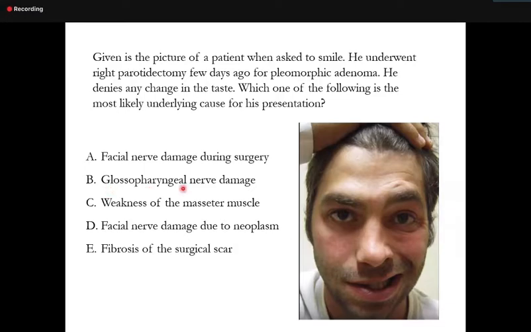Although it supplies the parasympathetic fibers to these salivary glands, it is not involved in the motor function. Fibrosis of the surgical scar can cause deviation of the mouth, but it takes months and years because surgical scars sometimes contract, and then the deviation will be towards the same side.